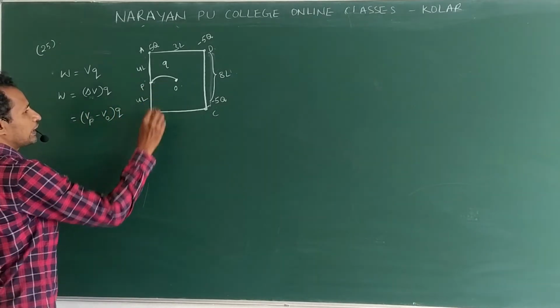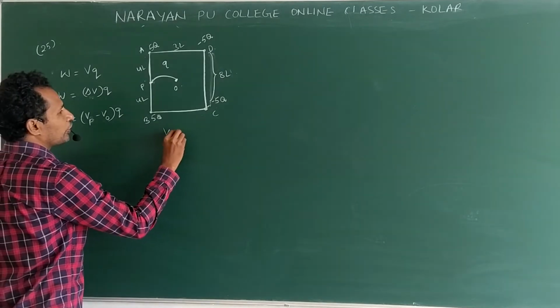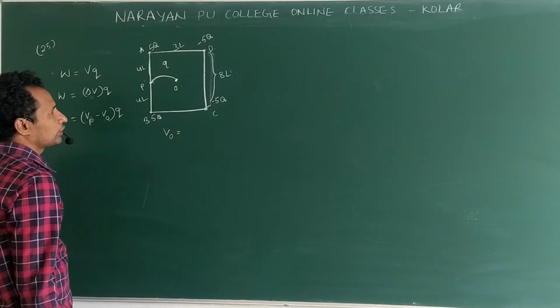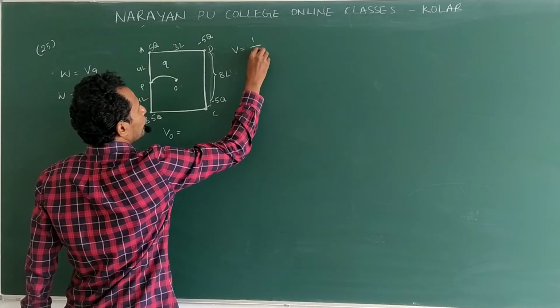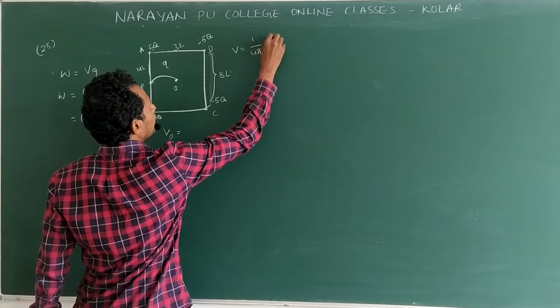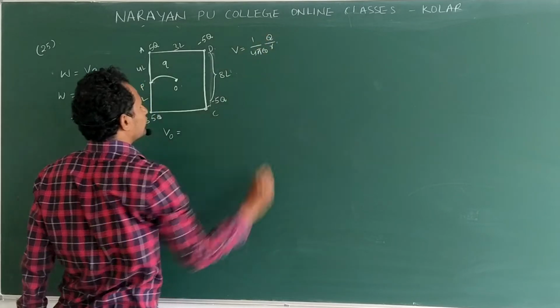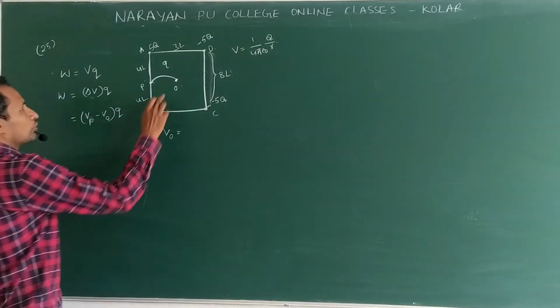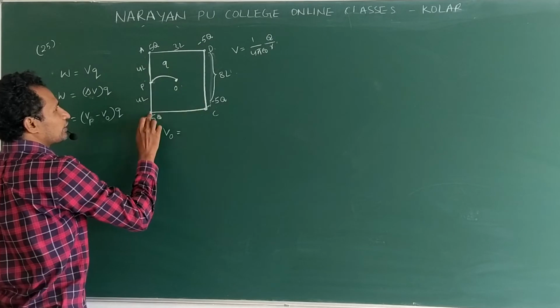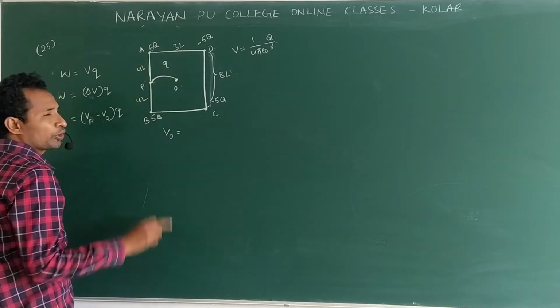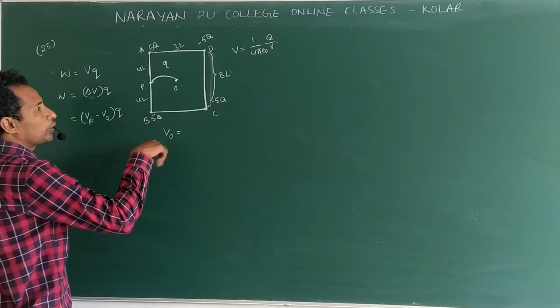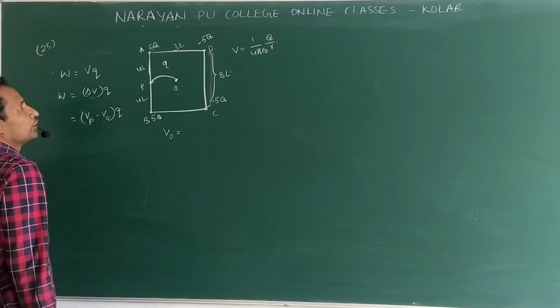Now first calculate potential at center, Vo. Clear? Potential general formula V is equal to 1 by 4 pi epsilon naught Q by R. Now total 4 charges are there. 4 charges contribute potential at center. Potential is a scalar quantity, so you add all potentials.